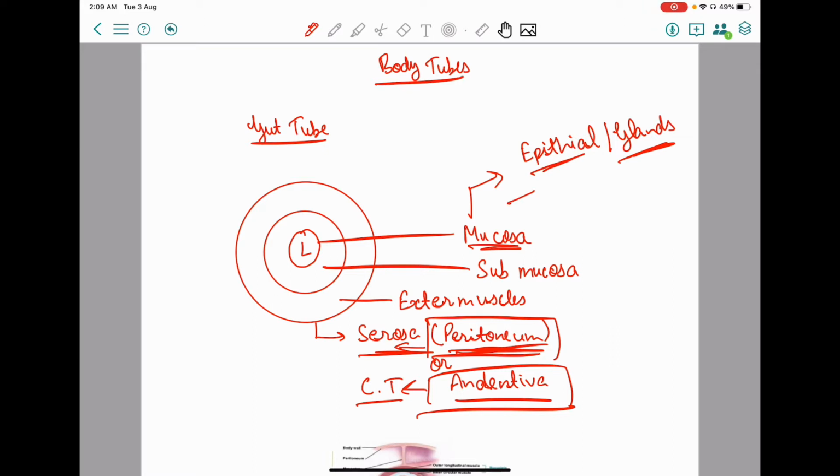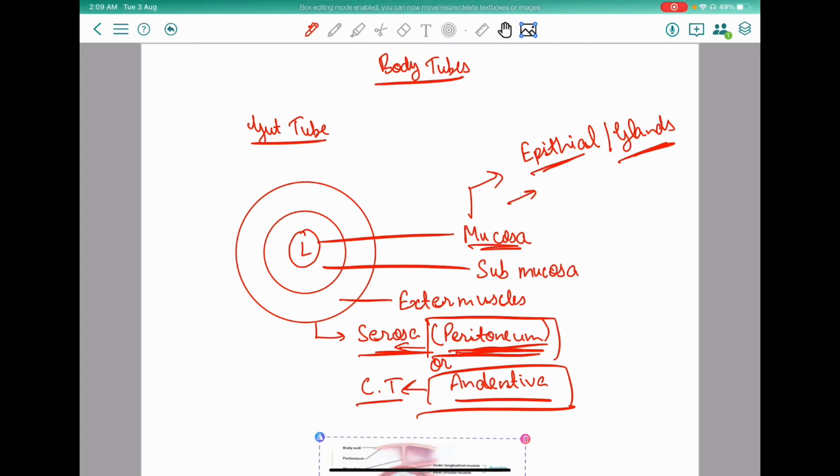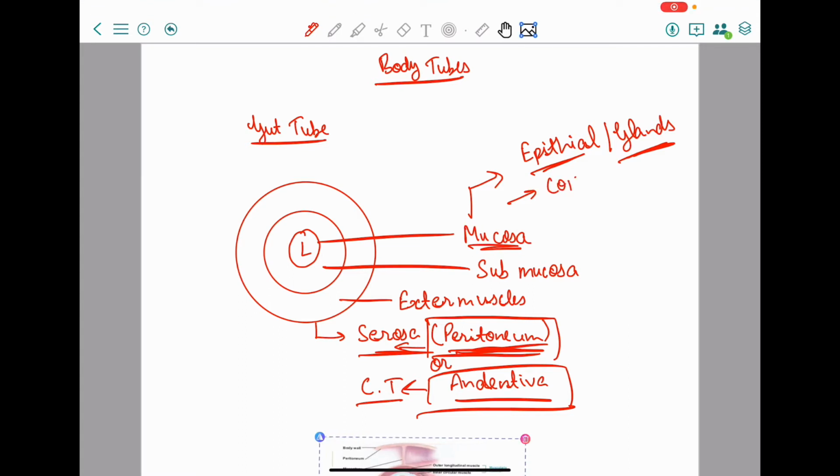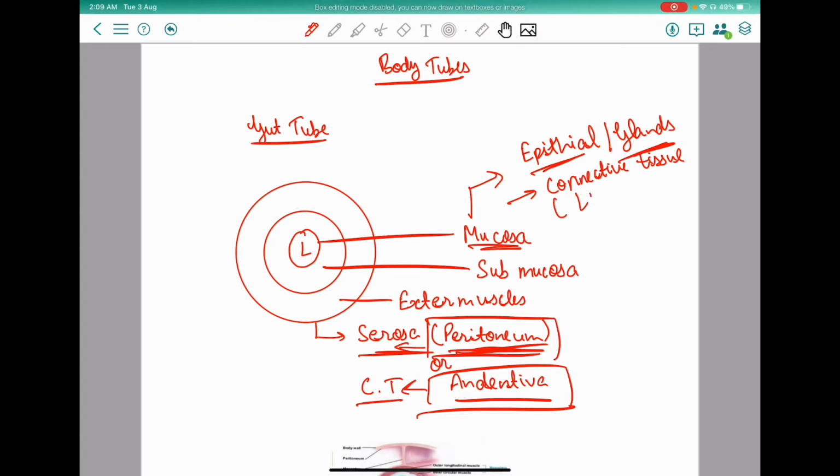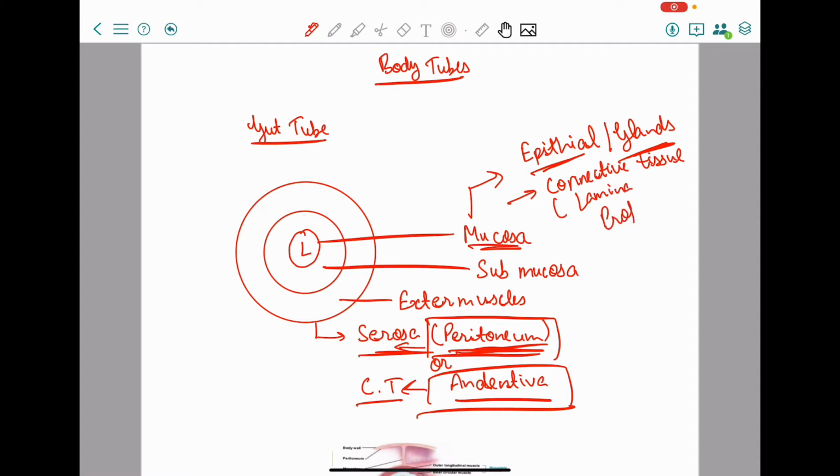The second part of the mucosa is some connective tissue, and this is called lamina propria. The third part of the mucosa is the muscular mucosa, some muscles of the mucosa.